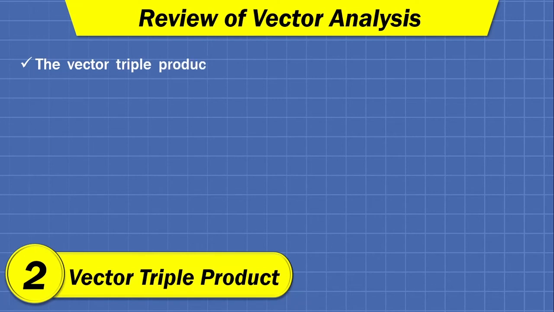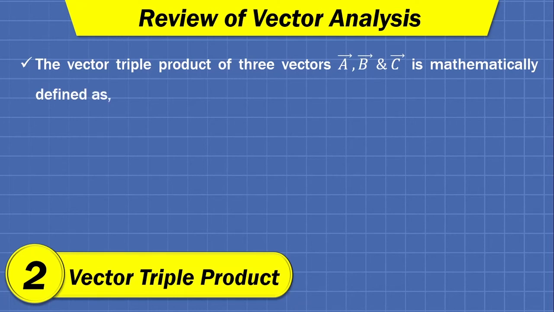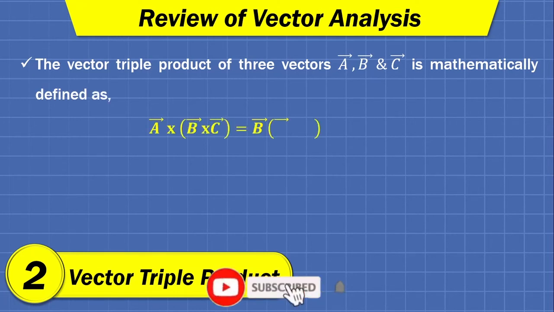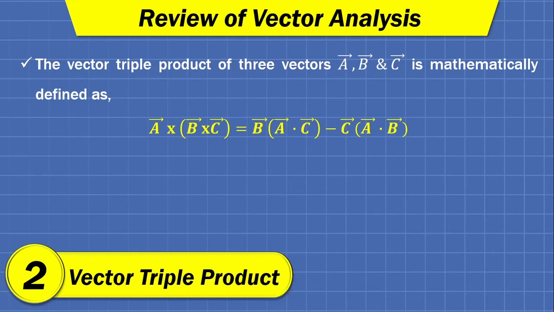So the vector triple product of three vectors a bar, b bar and c bar is defined as a bar cross b bar cross c bar equals b bar scaled by the dot product of a bar and c bar, minus c bar scaled by the dot product of a bar and b bar.